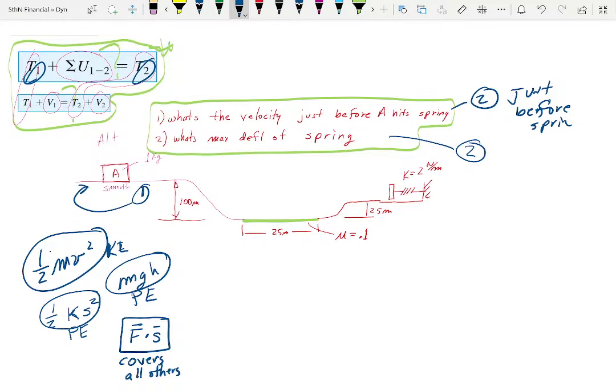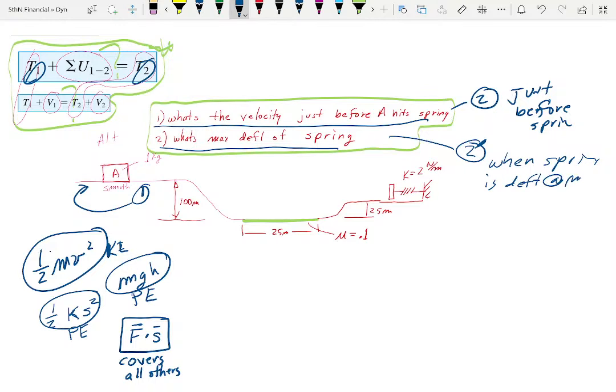So essentially I have two different particular problems, this one and this one. This state, I'll call 2 prime, is when the spring is deflected the most, at a maximum.